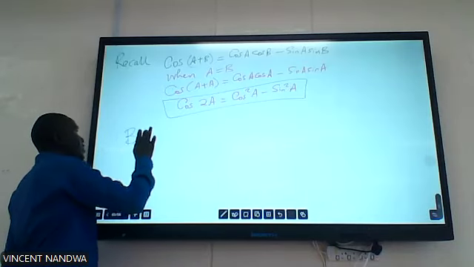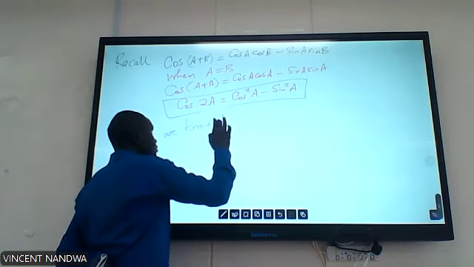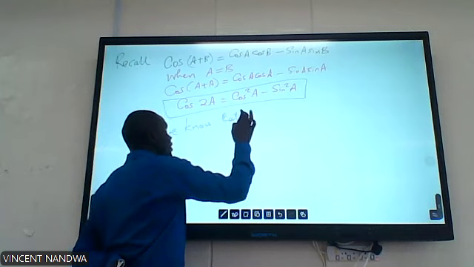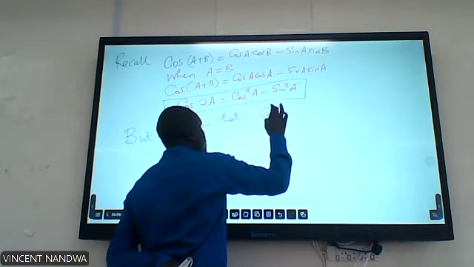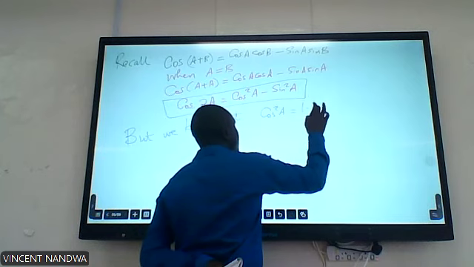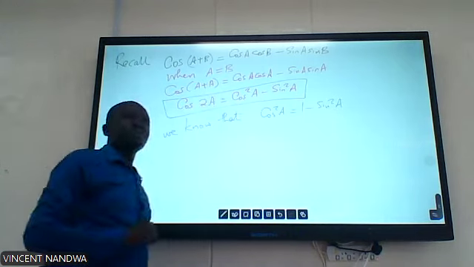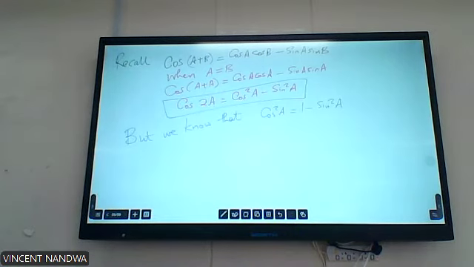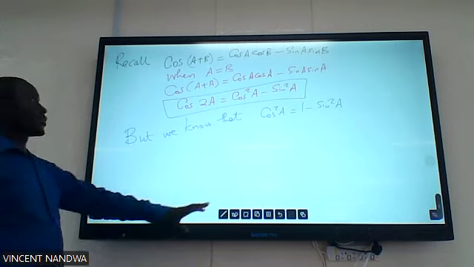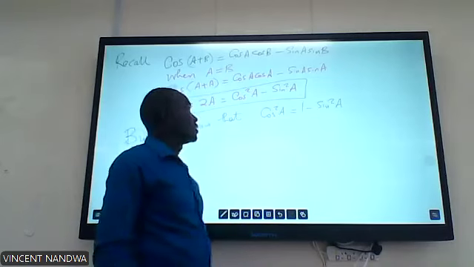So having known that, we know that cos squared A can be written as 1 minus sine squared A. So you can replace cos squared with unity in terms of sine.